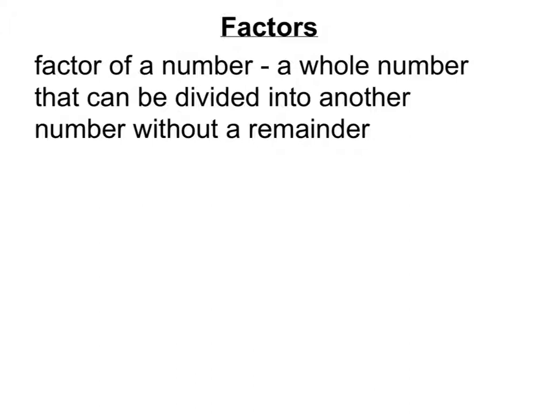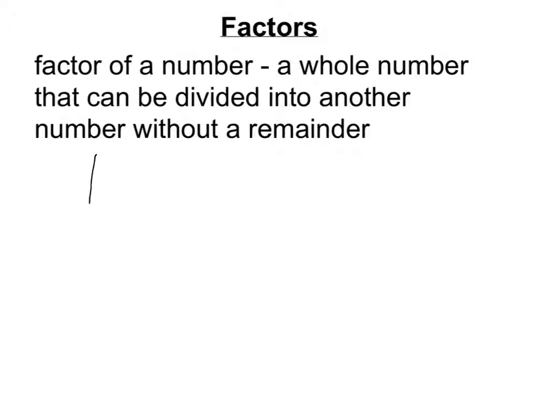A factor of a number is a whole number that can be divided into another number without a remainder. Now we've already learned that factors multiplied together create a product.